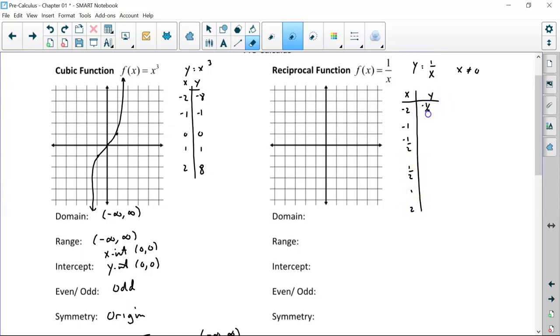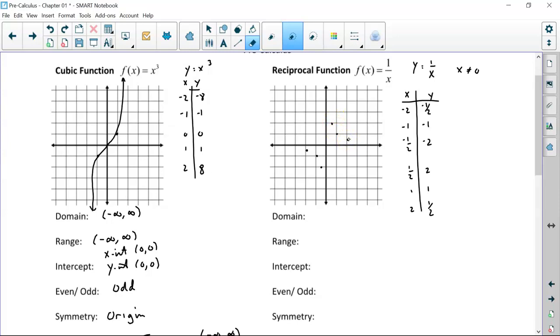So that gives us a -1/2, a -1, and then a -2. 1 divided by 1/2 is +2, then a 1, and then a 1/2. So we're at -2, -1/2, -1, -1, -1/2, -2. And here are our other values.